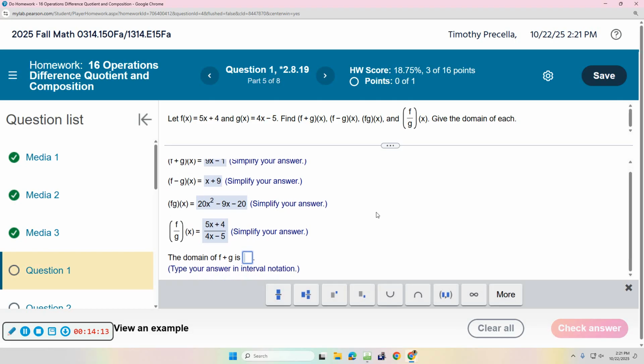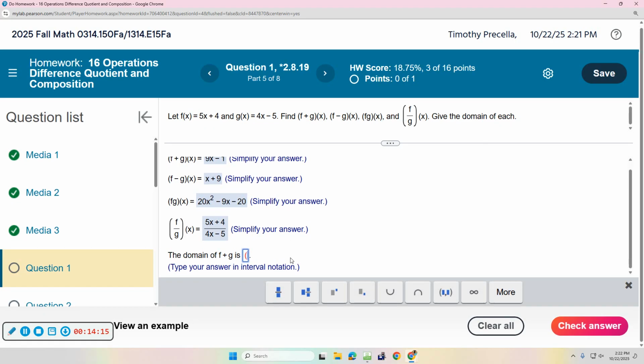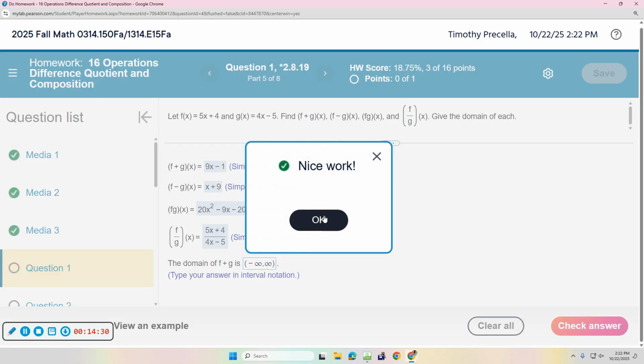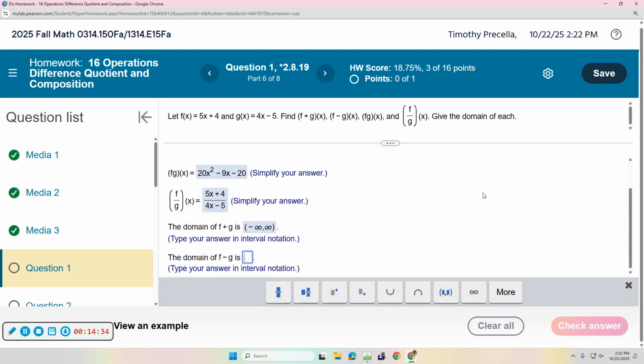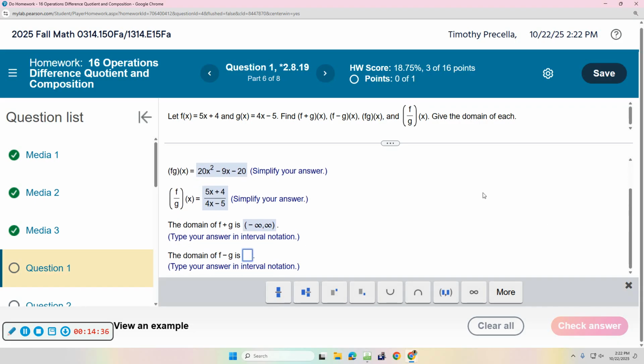Okay, but we'll type in left parenthesis negative infinity, comma, infinity, right parenthesis, and I'm going to do something I don't do that often. I'm going to copy that, because then we can just paste it in here for f minus g.